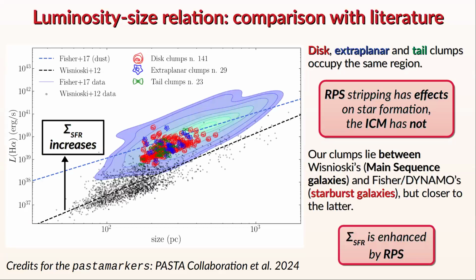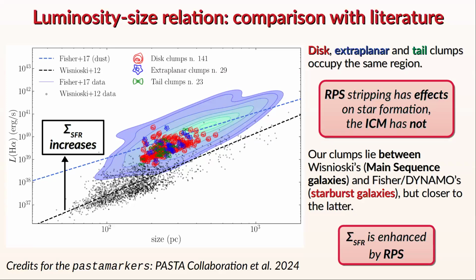So we can then compare them, as I said, with samples in literature. The black dots are clumps in isolated disks, while the blue contours are tracing the distribution of clumps in starburst galaxies. And we can see that our clumps are much more similar to those in starburst galaxies. These clumps are characterized by an enhancement not only in H-alpha, as you can clearly see, at a given size at least, but also an enhancement in the star formation rate surface density.